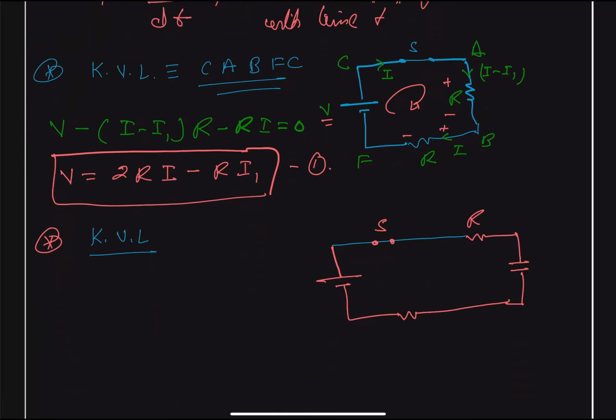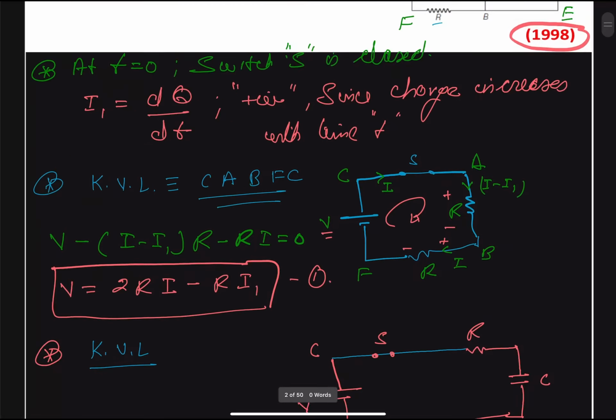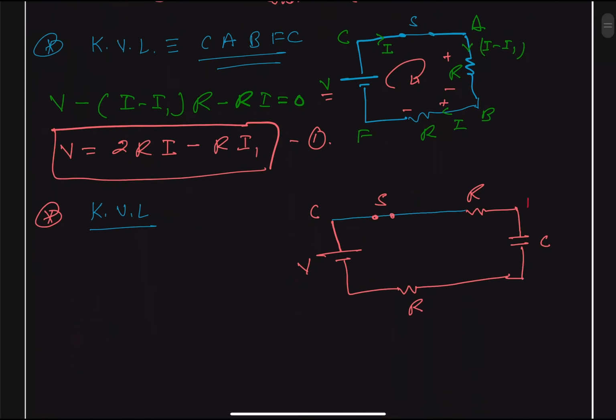This is our R, this is also our R, and this is our capacitor C, and voltage V. The current through this is our C, D, E, F, and the current through our R is our I1, and current through here, that is our I. So again this is plus minus, and this will also plus minus, and we take the loop like this.